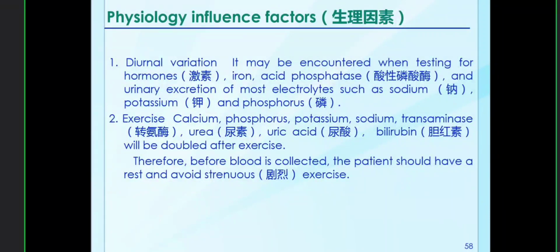Exercise will affect calcium, phosphorus, potassium, sodium, transaminase, urea, uric acid, and bilirubin, which will be doubled after exercise. Therefore, before blood is collected, the patient should have a rest and avoid strenuous exercise.